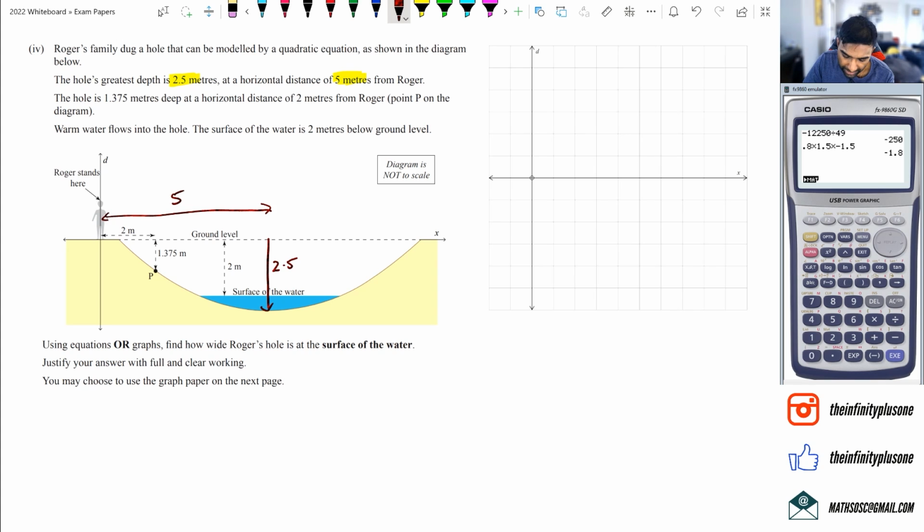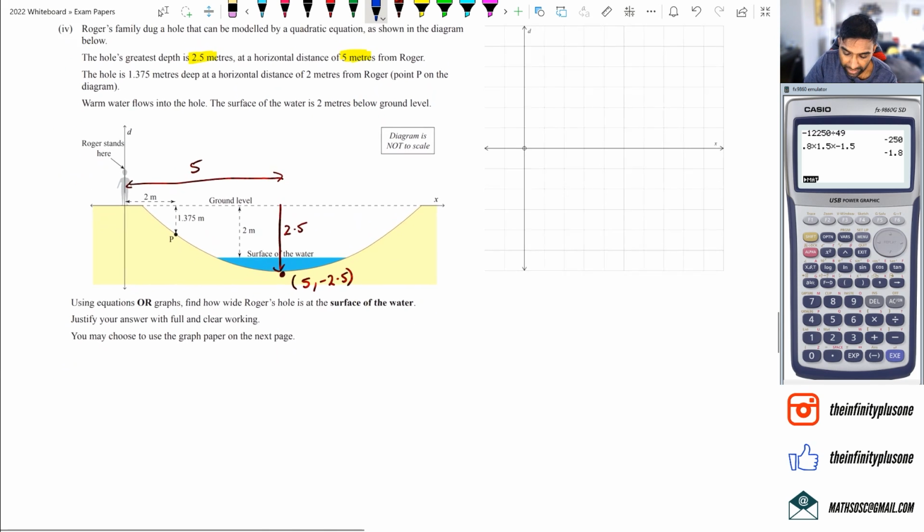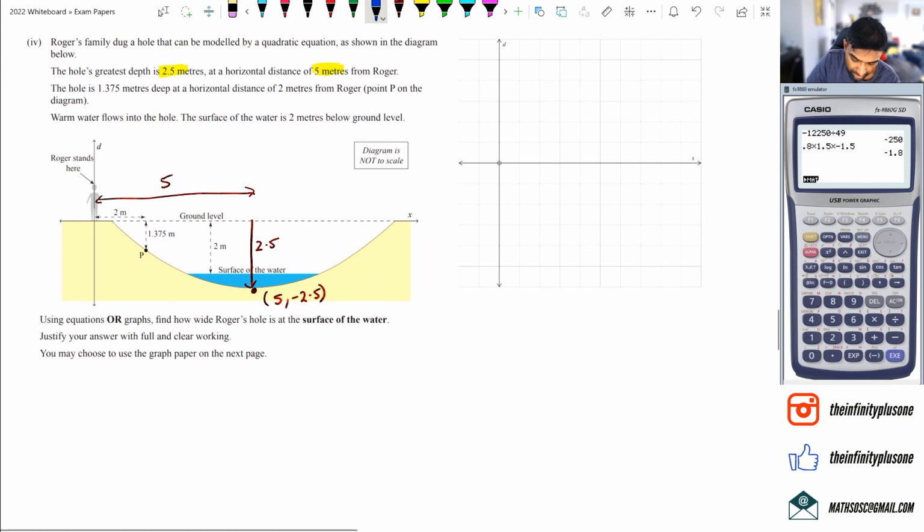So if you think about it as a vertex, this right here is your vertex, which is going to be 5, negative 2.5. And I'm going to write my quadratic equation first, which is y equals a(x minus h) squared plus v. Now this is the one that I use, and of course if your teacher uses a different one and you've been using a different one, that's fine. If it works for you, just use that, all right?